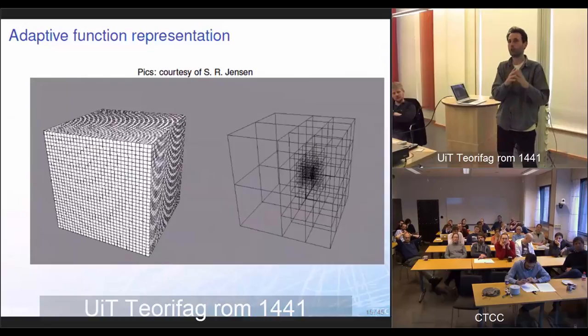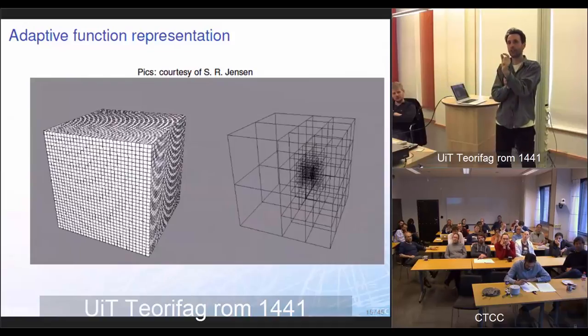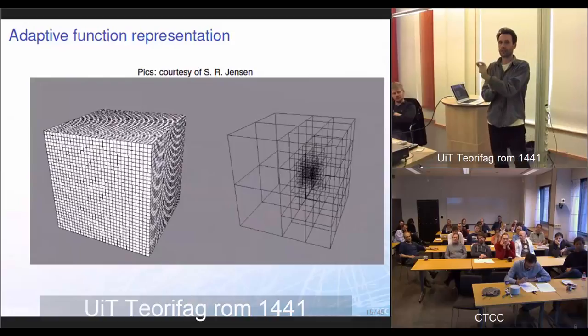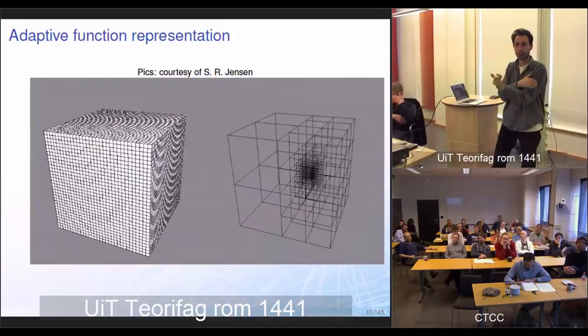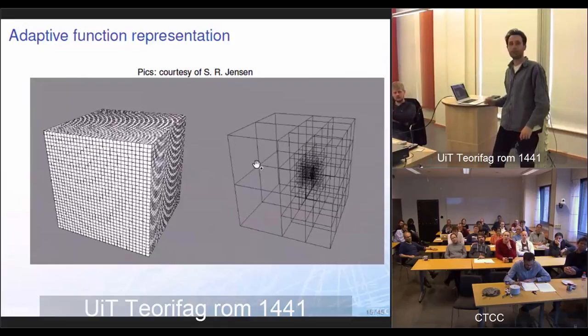So it's not uncommon to go down 6, 7 levels, which means that the size of your cube there is 2 to the minus 6 compared to the original one. So it's less than 100 of what you had before. So the adaptivity is doing this automatically for you. Far away, you are most likely happy with this big cube. That is enough to represent your function.